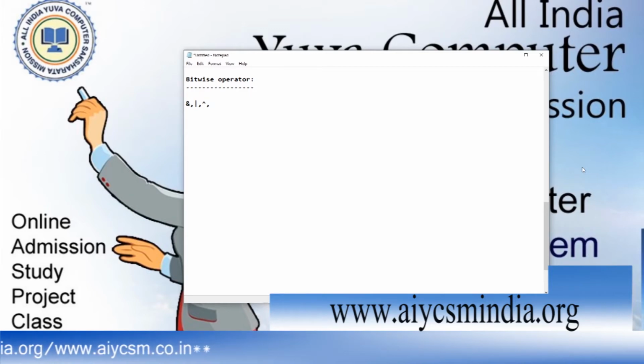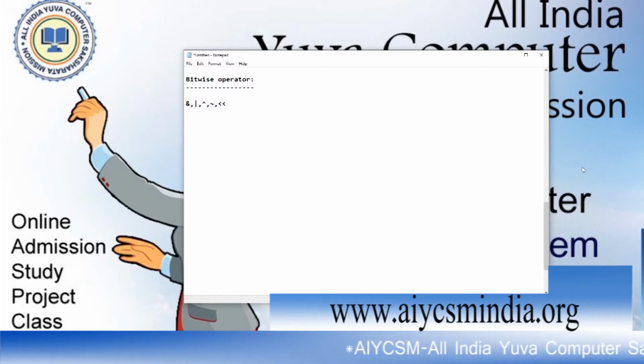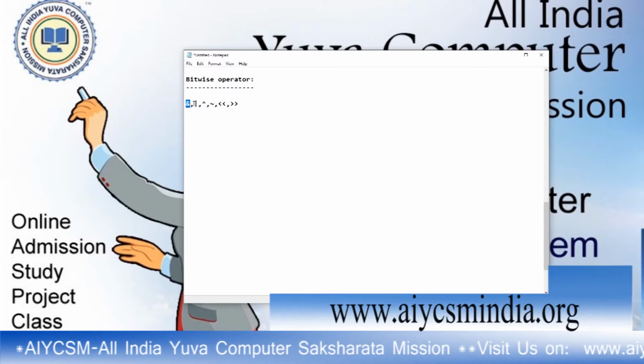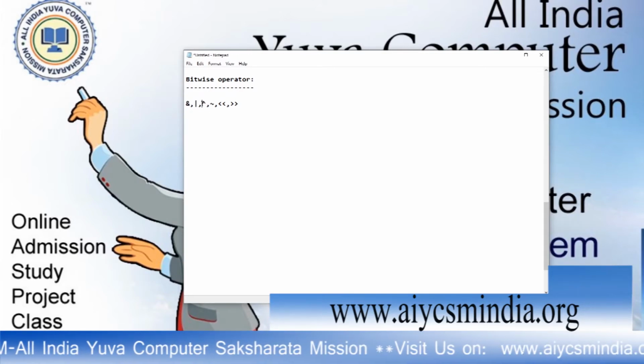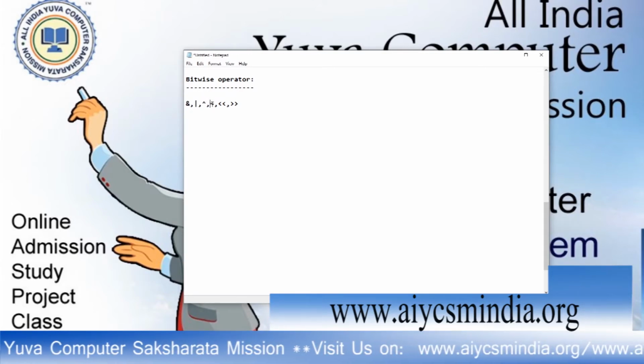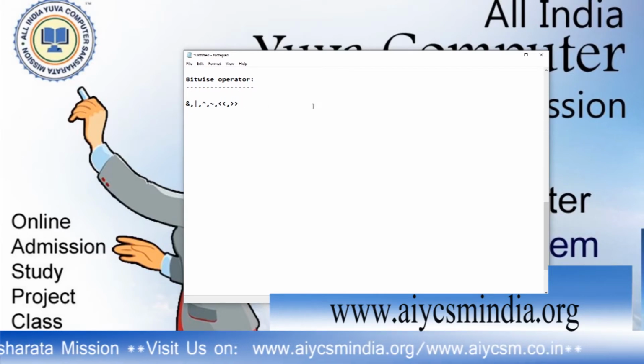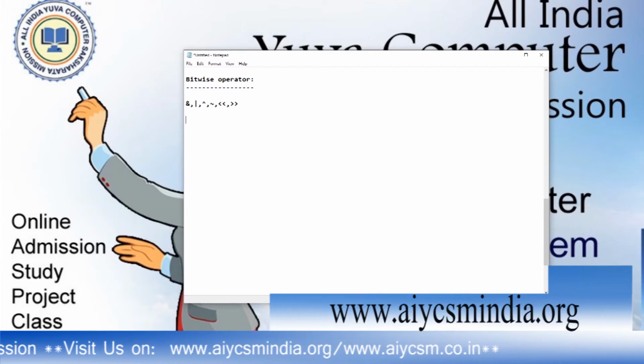Now, bitwise complement, this tilde sign indicates bitwise complement, and then the left shift and right shift operators. These are the bitwise operators available in Python: bitwise AND, bitwise OR, bitwise XOR, bitwise complement, and the left shift and right shift operators.